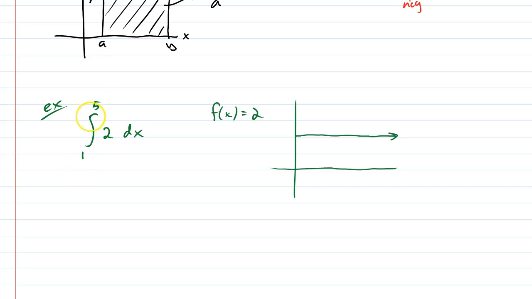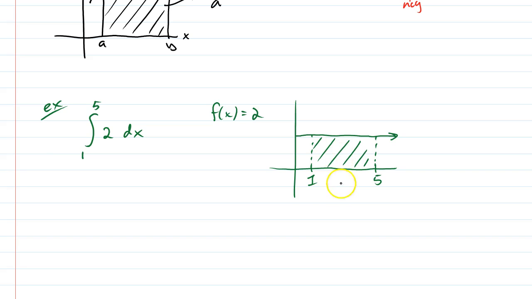We're doing this from 1 to 5, and we want to find the area underneath that curve. That's what this whole integral means. To begin with, we're just going to do a few problems where you can draw a picture of the graph, and you don't need to know the calculus way to do it. You can just figure it out by visually looking at it.